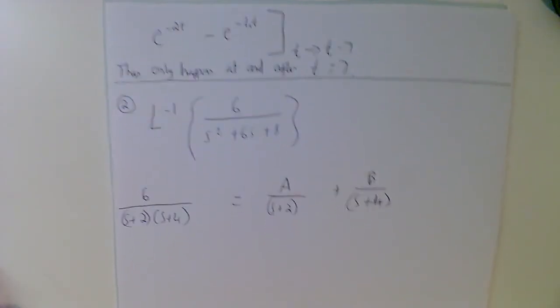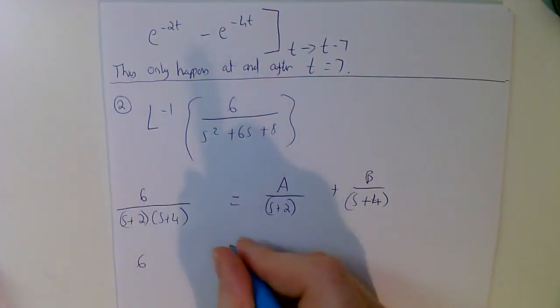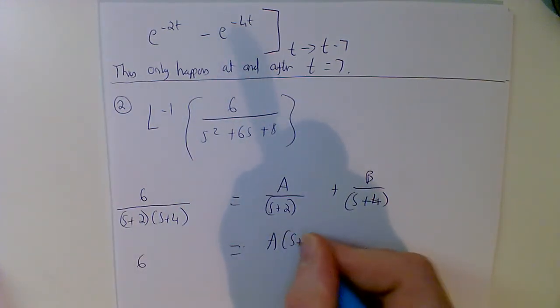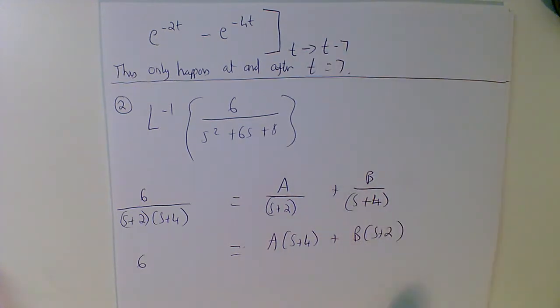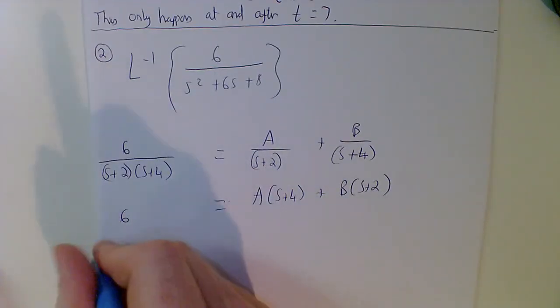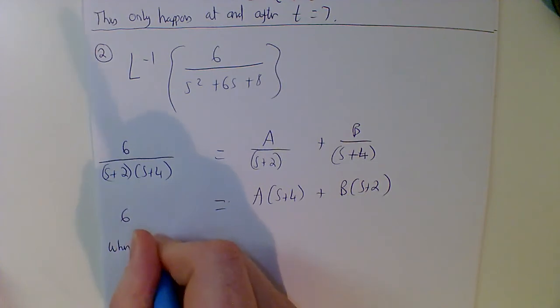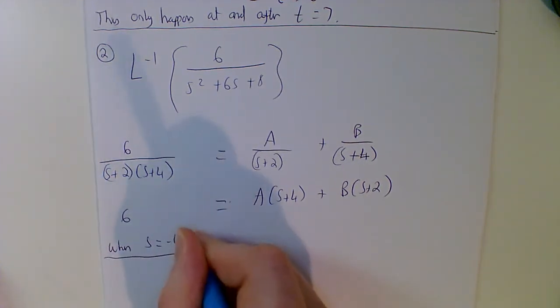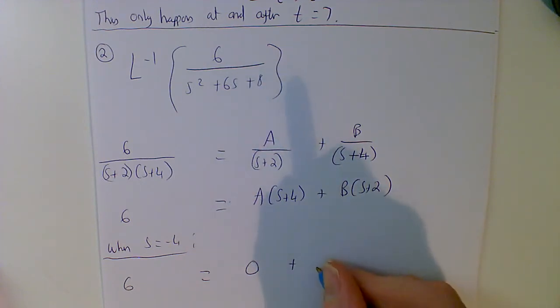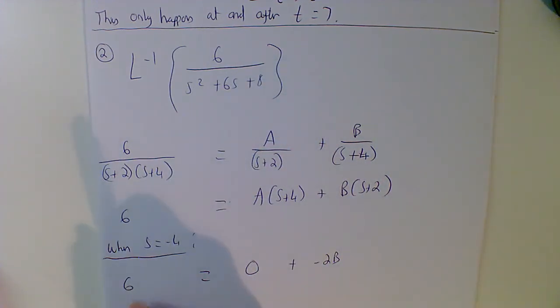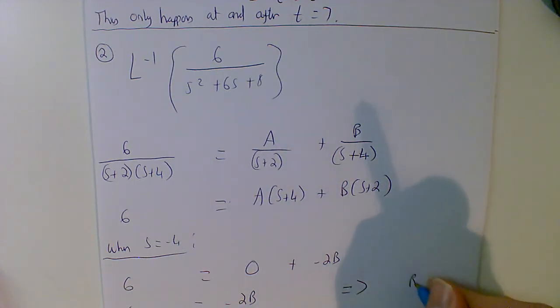Right. So 6 equals a(s plus 4) plus b(s plus 2). Same thing again. When s equals negative 4, 6 equals negative 2b, so b is negative 3.